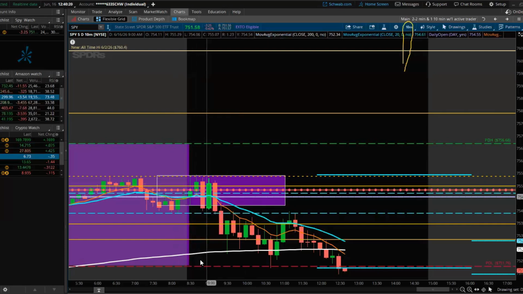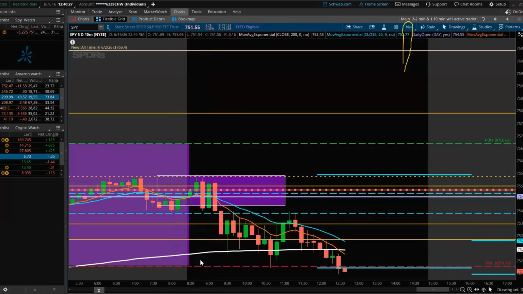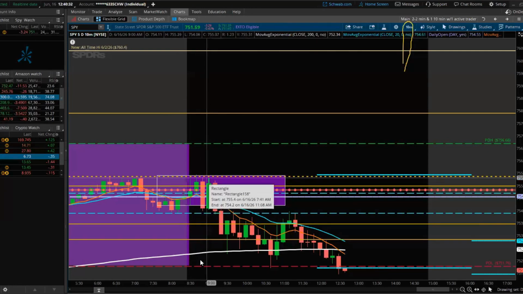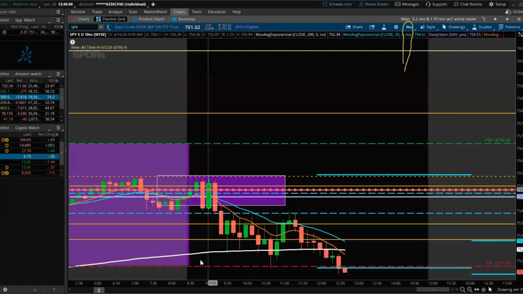Now, as you can see, this first pink candle dropped. You would normally think that this would be a put, but I did not trade this particular candle. The reason is the next 10-minute candle did not drop below the first pink candle.